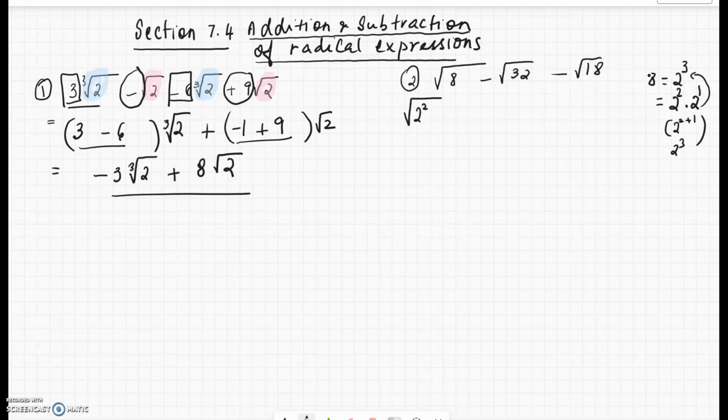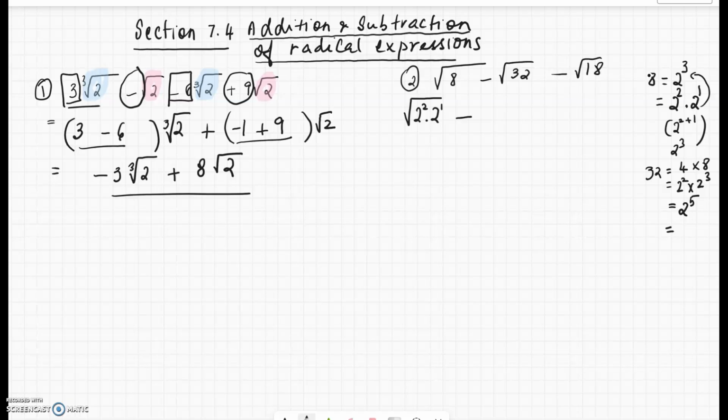2 squared times 2 to the 1, minus 32 is 4 times 8. 4 is 2 squared and 8 is 2 cubed, and it's 2 to the 5th power.